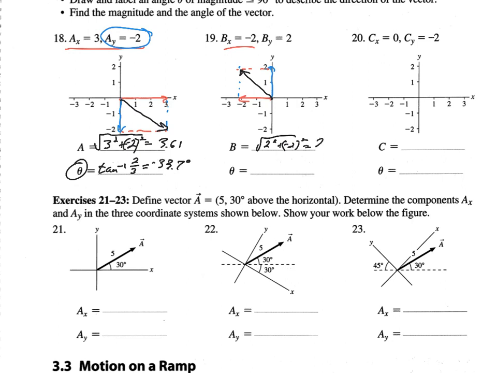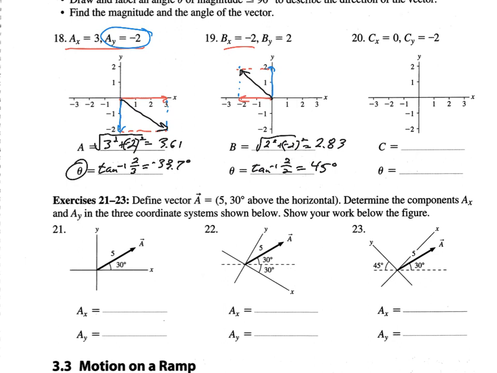And this is going to give me 2.83. And the inverse tan of 2/3 gives me, whoops, not 2/3. Inverse tan of 2/2 gives me a 45-degree angle. That just kind of makes sense, doesn't it? Alright, let's keep moving here.